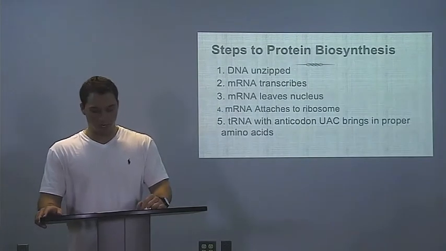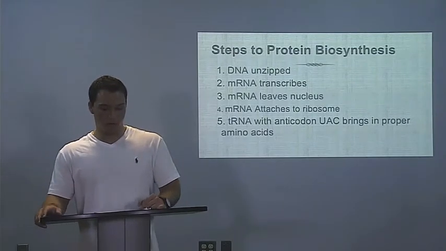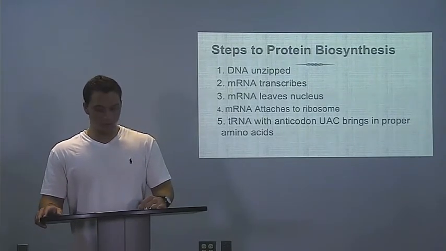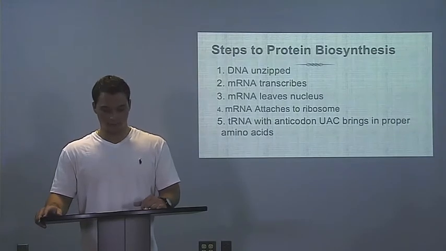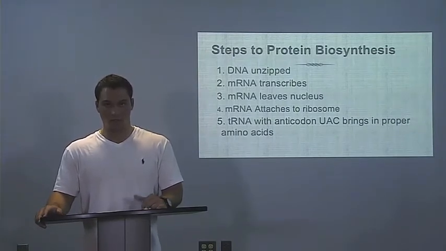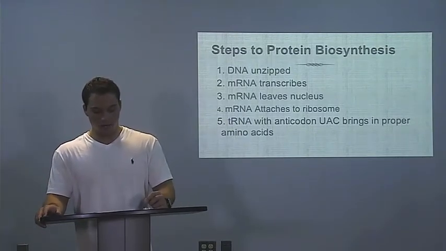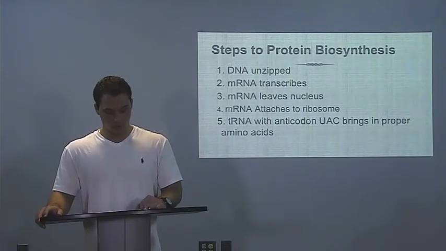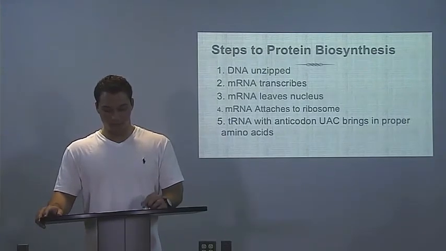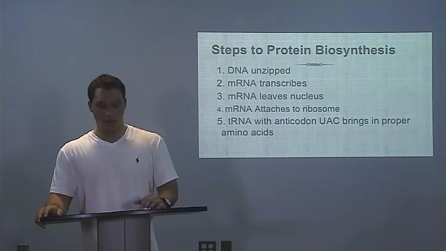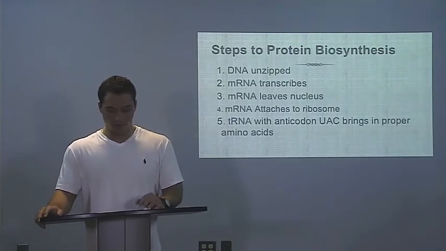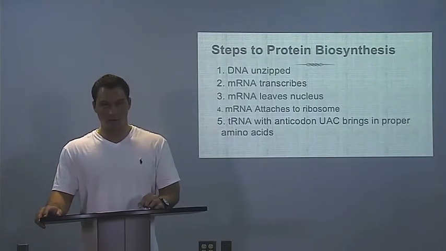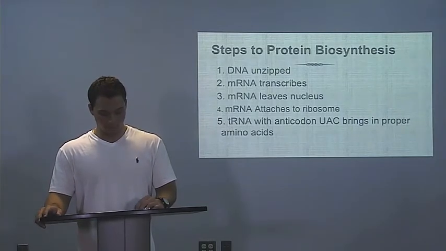Now, to help you understand the processes, here are the steps to how protein is made. The first step is that DNA unzips in the nucleus during interphase. Then mRNA transcribes it, as mRNA nucleotides transcribe the complementary DNA message. mRNA then leaves the nucleus and goes to the ribosome, which reads the codon. tRNA then comes with the anticodon UAC and brings in the proper amino acid from the cytoplasm.